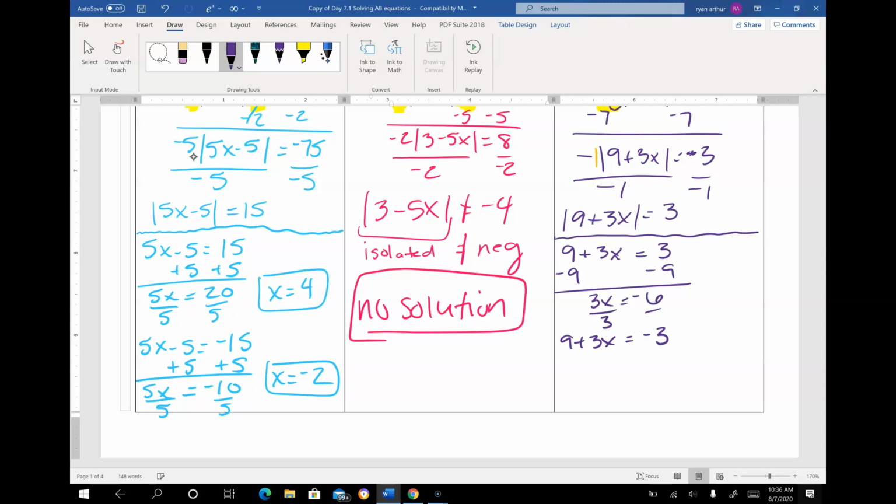Divide by 3. X equals -2. Do the same thing. Subtract 9. I get 3x equals -12. Divide by 3. X equals -4.